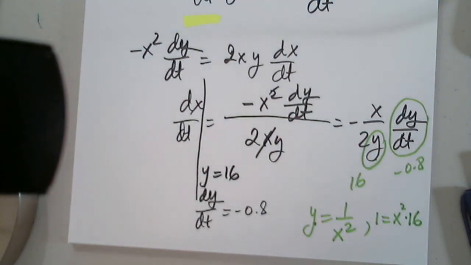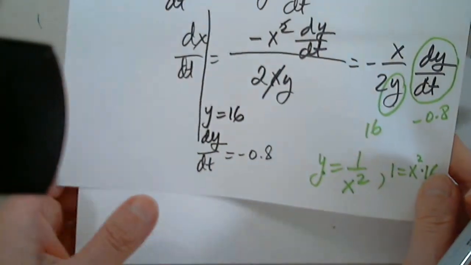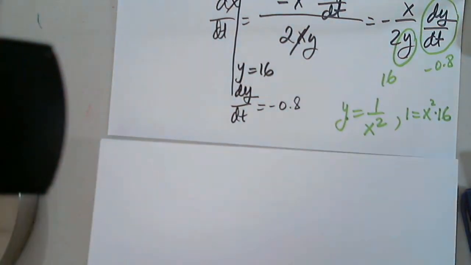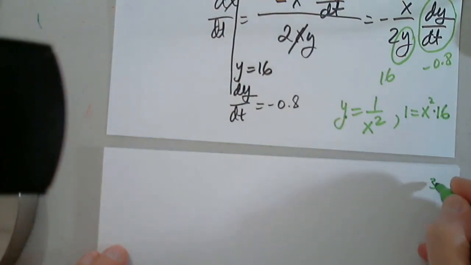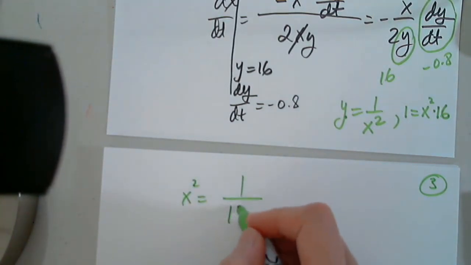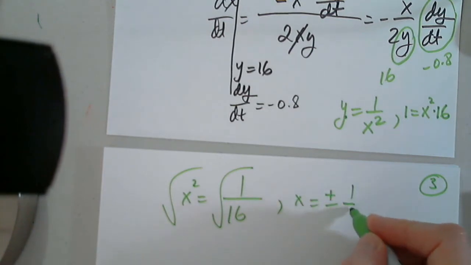They're not telling us, but y is positive, so they're not telling us we're going to get two different x values. So let's continue. We have that x squared equals 1 over 16, and now I take the square root, as we know, equals plus or minus 1/4.